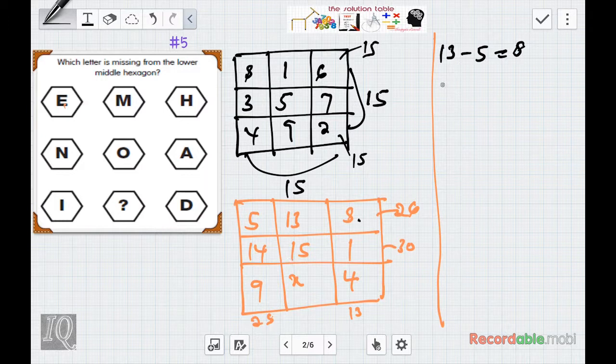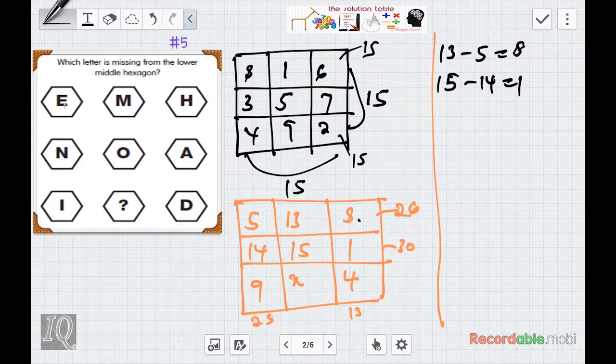Then 15 minus 14 is giving us 1. So we can deduce a pattern, and that is to subtract the first number from the second or middle number, and that should give us the third number.